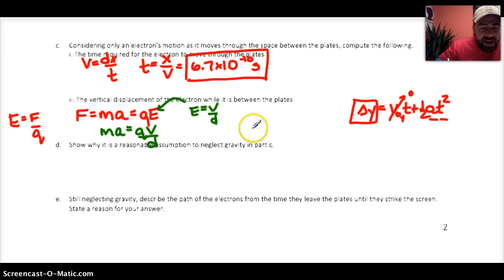So solving for A ultimately becomes, I'm just going to divide both sides by M, Q times the potential difference between the two plates, divided by the mass, divided by the distance. And when I plug those numbers in, the distance in this case being that vertical distance between the plates, which is taken from the sketch, 0.012 meters, I get 6.5 times 10 to the fourth.